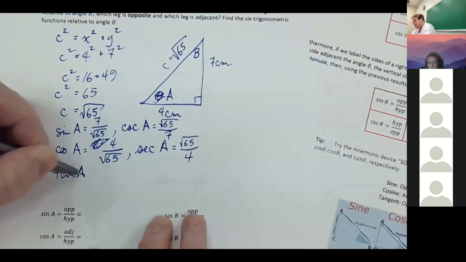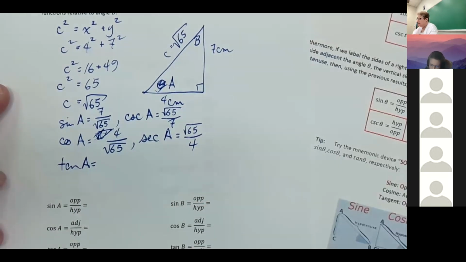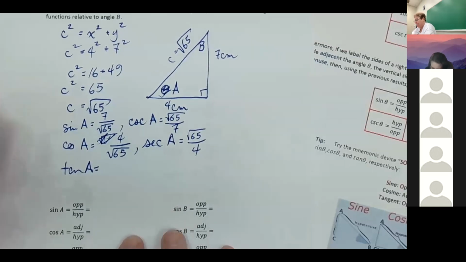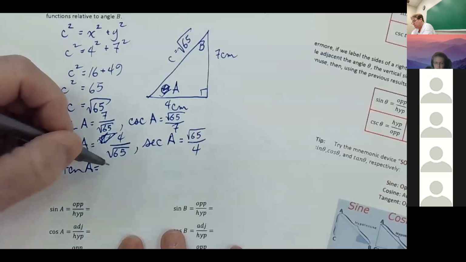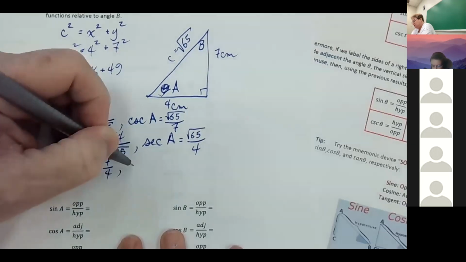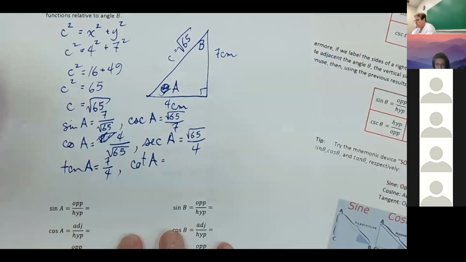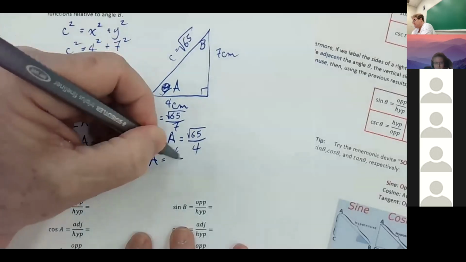The tangent of A, tangent is opposite over adjacent, so what will tangent A be? 7/4. Excellent. And what is the cotangent of A? 4/7. Excellent.